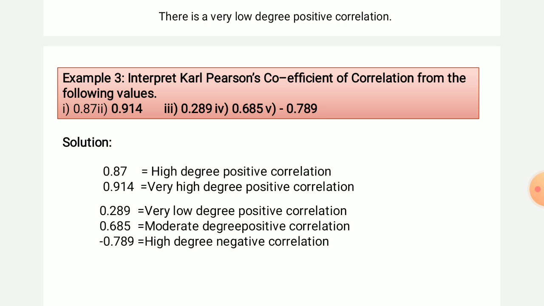So this is called high degree negative correlation. This is the way in which we can make interpretations about the given values.